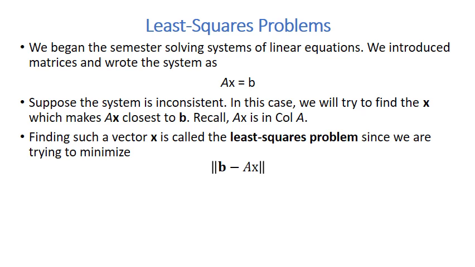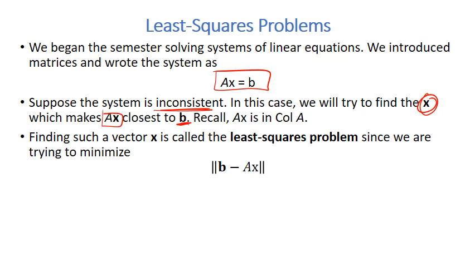So the semester began by solving systems of linear equations, and we introduced matrices and wrote the system in this manner here. Now, like I just mentioned, sometimes we have inconsistent systems. So we want to find an x that makes Ax as close to b as possible.